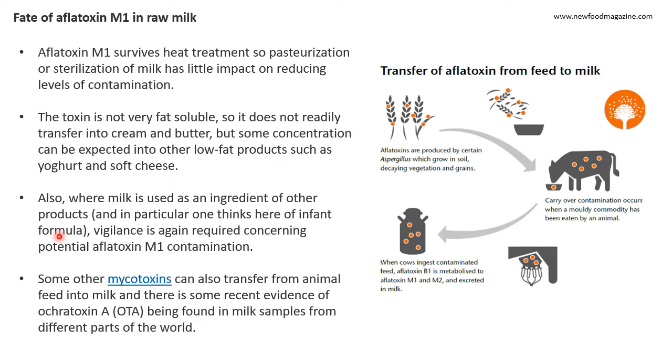That is also a very important standard that the company has to meet, that there is no presence of M1 aflatoxin. Some other mycotoxins can also be transferred from animal feed to milk, and there is some recent evidence of ochratoxin A, abbreviated as OTA. It has also been found in milk samples from different parts of the world.